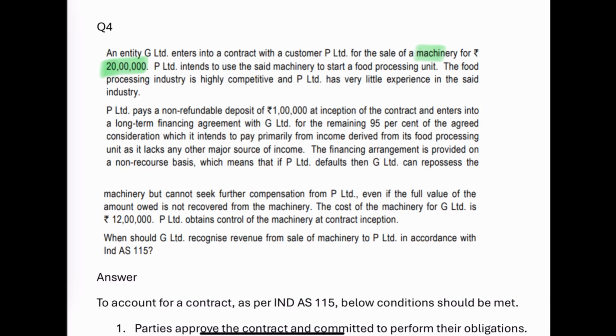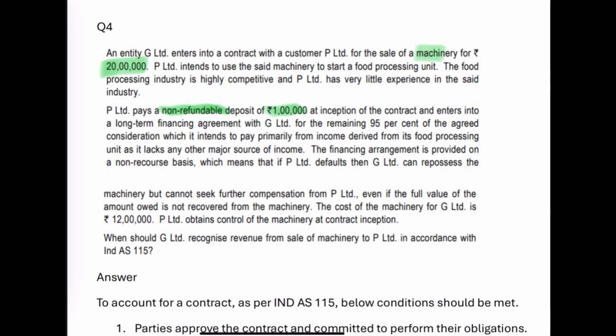And P Limited pays a non-refundable deposit of 1 lakh rupees at inception of the contract, and enters into a long-term financing agreement with G Limited for the remaining 95% of the agreed consideration, which it intends to pay primarily from the income derived from the food processing unit, as it lacks any other major source of income.